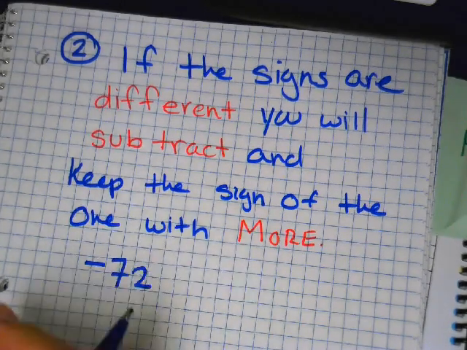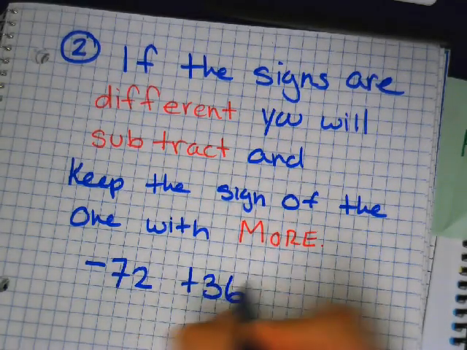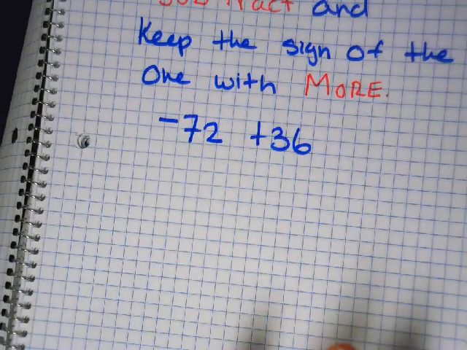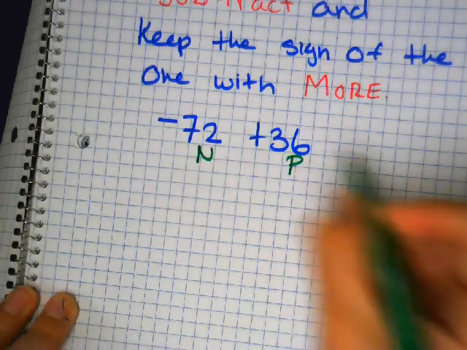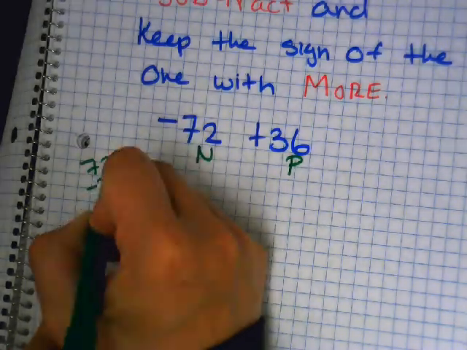So for example, -72 plus 36. Because if you didn't get it in 6th grade, you've got to get it today. This one's negative, this one's positive. So you see how they're different? So you're going to subtract. Feel free to subtract on the side.